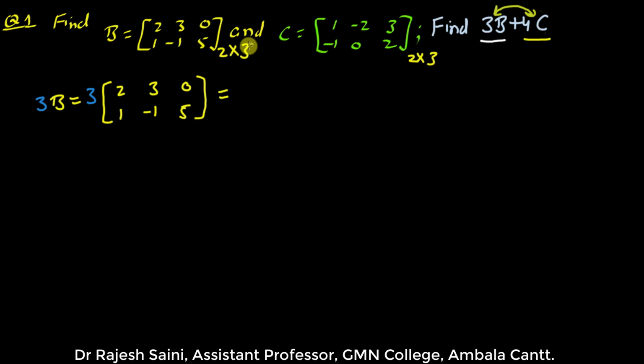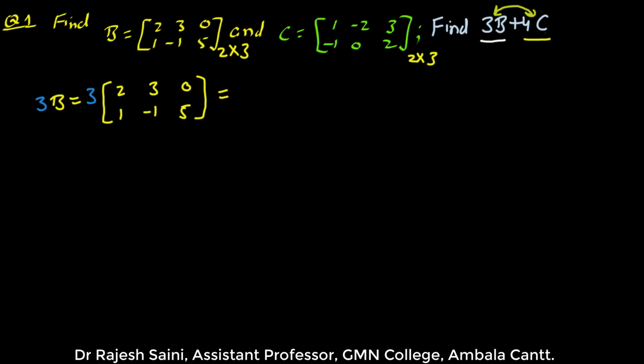So addition is possible. Because we have to add 3B plus 4C, firstly we have to determine what is 3B and what is 4C. For that we multiply 3 with matrix B, and we know scalar multiplication with a matrix is taken element wise. This 3 will be multiplied with 2, 3 will be multiplied with 3, 0, and similarly the rest will be obtained.